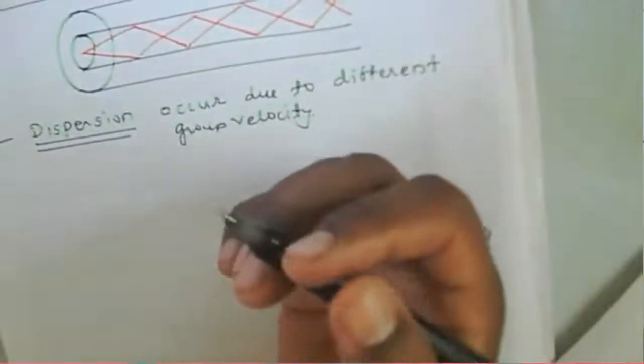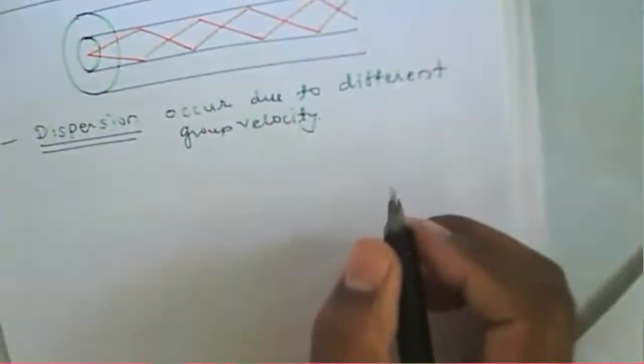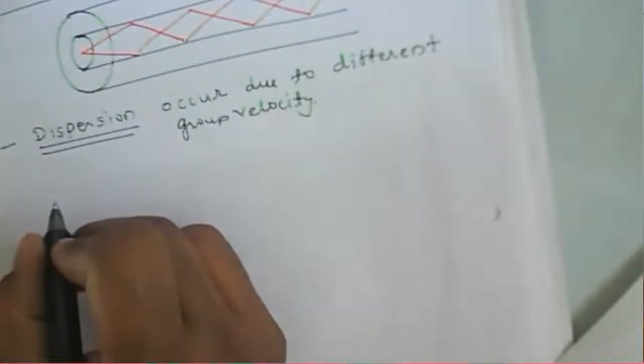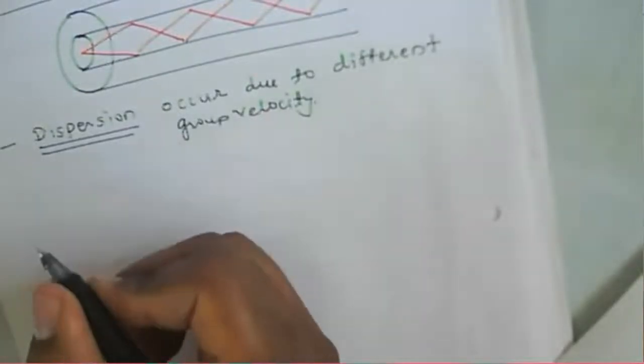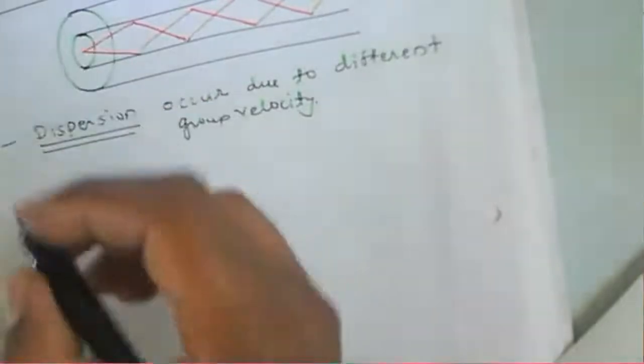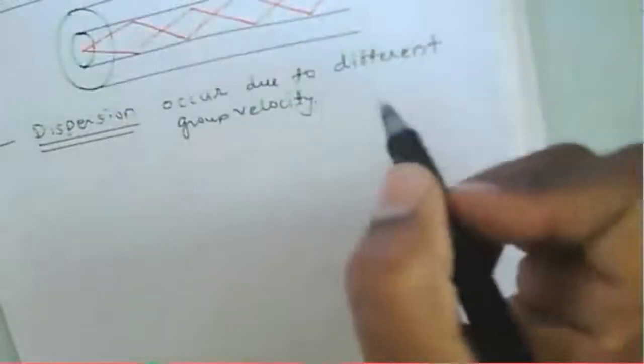But if you consider the single mode fiber, this multimode fiber is better at a lower bandwidth as compared to the single mode fiber. But why is this multimode fiber better for the lower bandwidth?